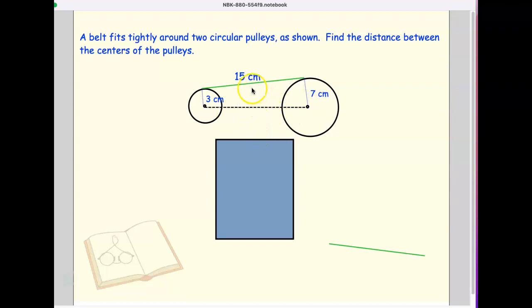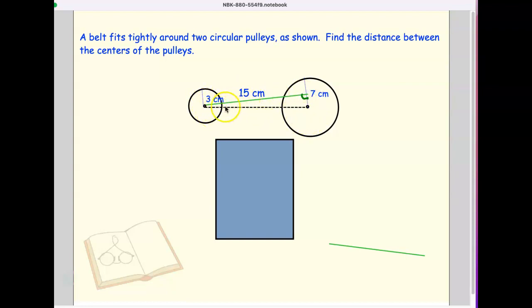So here's what we're going to do. We're going to use this line, and we're just going to slide it down. As long as we keep it parallel, then we can just drop it down. And specifically, if we drop it down the length of this smaller radius, it now becomes a triangle instead of a quadrilateral. This angle is still 90 degrees, so I can still put a little square there.